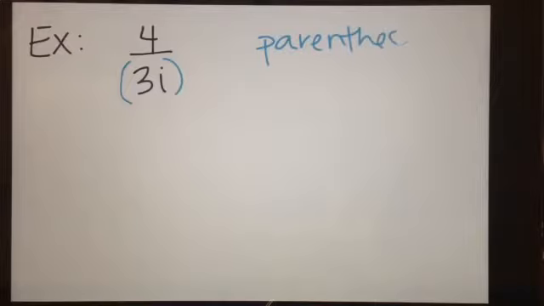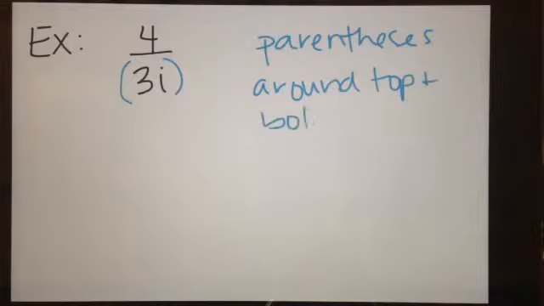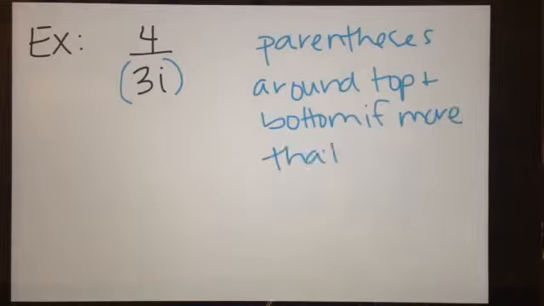Parentheses around top and bottom if more than one thing. The bottom has 3 and i multiplied together, that's why it's more than one thing.